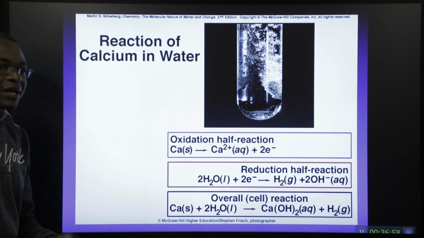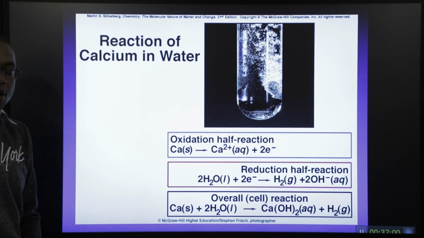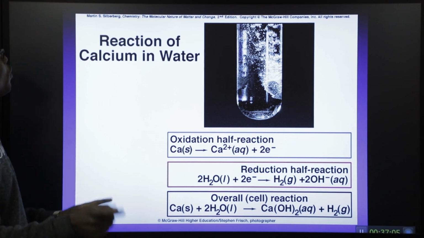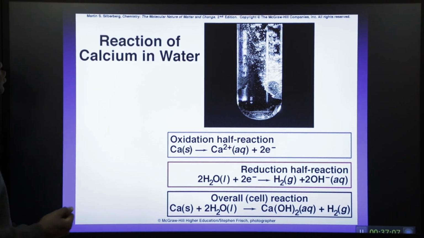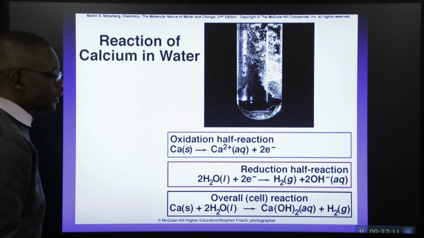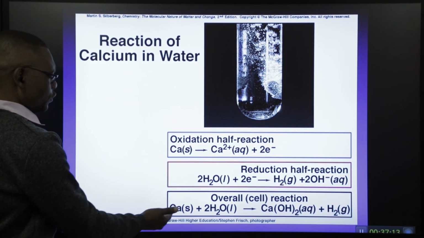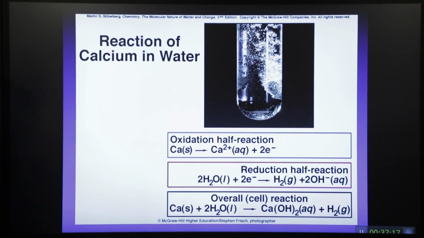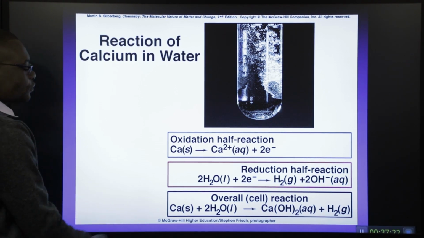And you can deliberately select materials, put them together in an electrochemical cell to achieve whatever reactions you want to do. So like in this case, we are using a reaction of calcium in water. And what is the product of this whole thing? We are producing hydrogen. So we can use this electrochemical cell for hydrogen production.